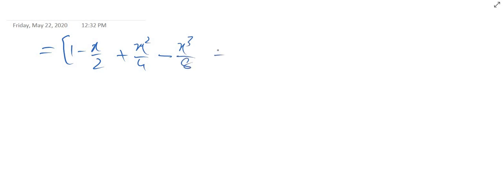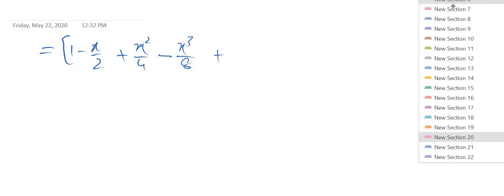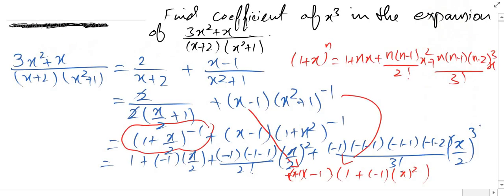And what was the previous term? This is 1 minus x square, and this is x minus 1 into minus 1. If we simplify it, it will become just x minus 1 into x square minus x cube.